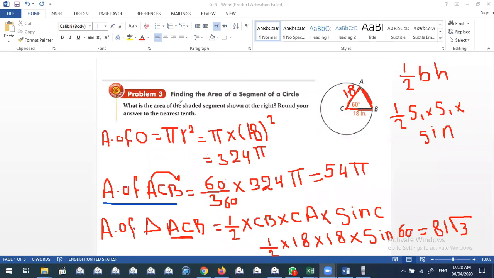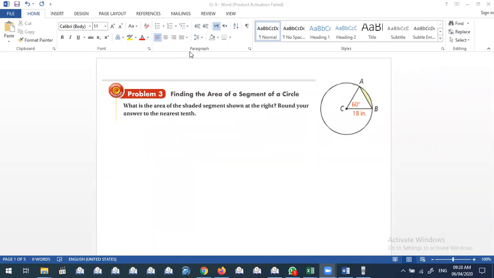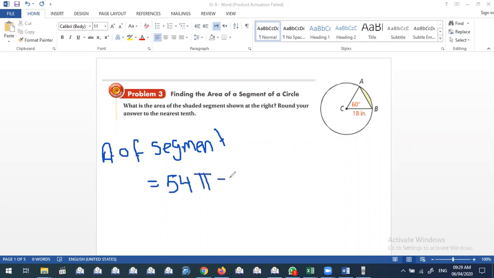So the area of the segment, area of segment AB, equals 54 pi minus 81 square root 3.